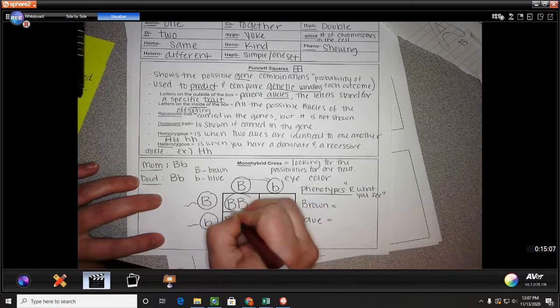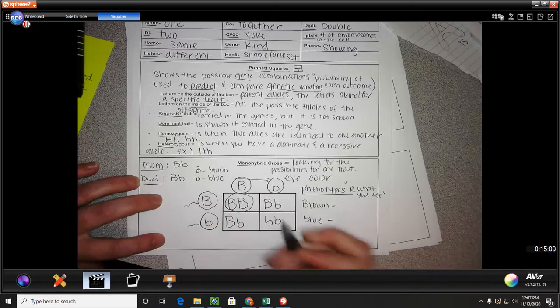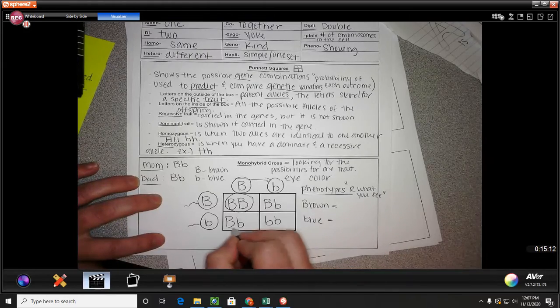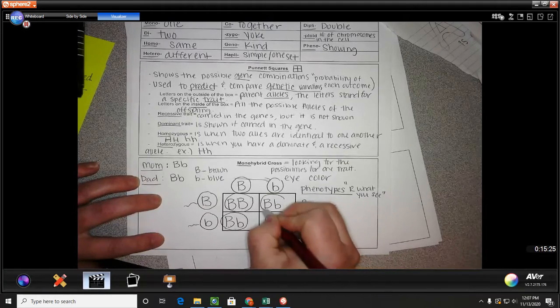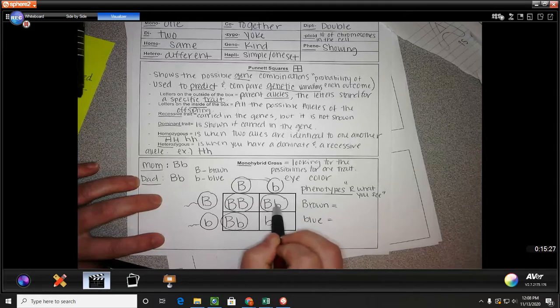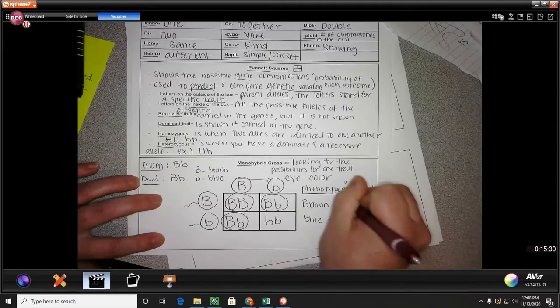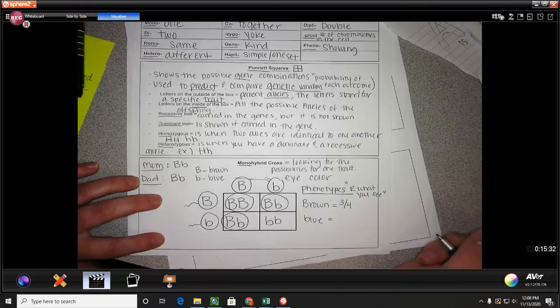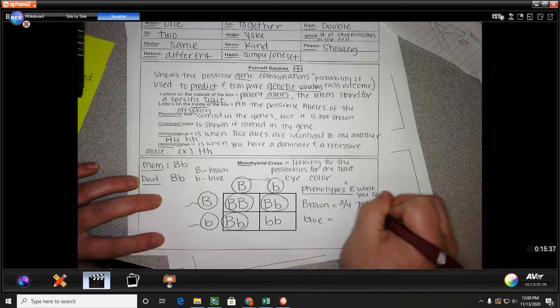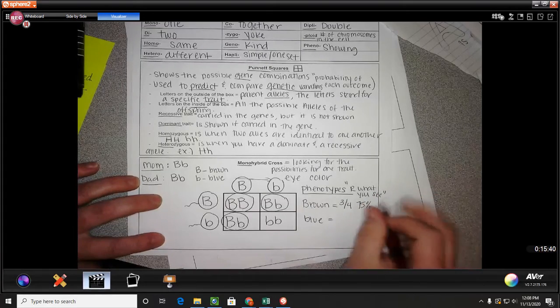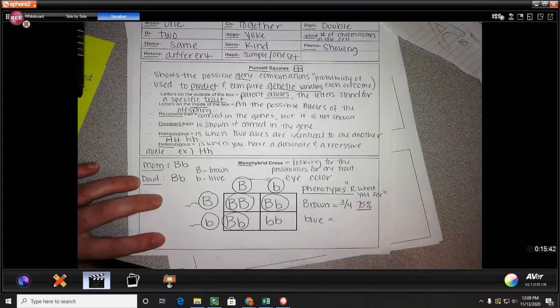So this baby for sure is going to have brown eyes. This baby will have brown eyes too. Even though it has a little b, remember, big B is dominant, so it's going to rule over this one. Big B, little b. So I have 1, 2, 3. 3 out of 4. So if I have 3/4, that's 75%. So 75% of my children will have brown eyes.